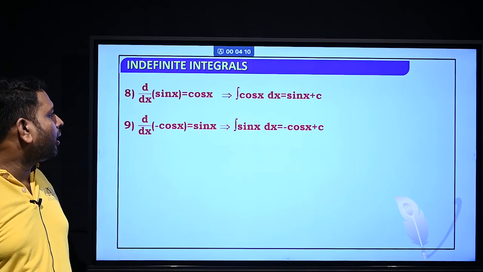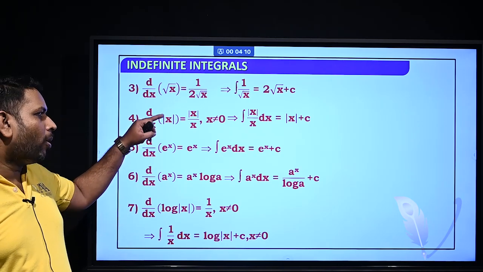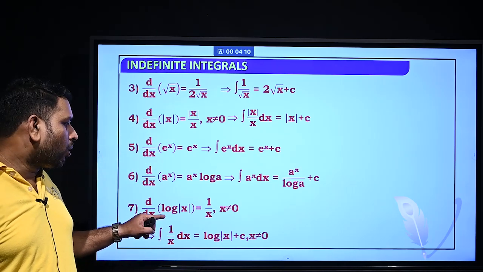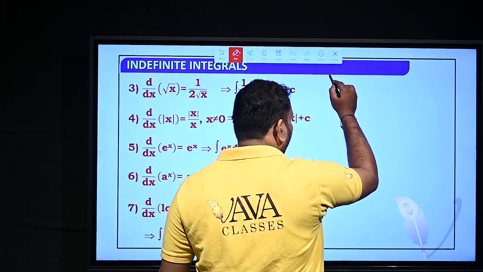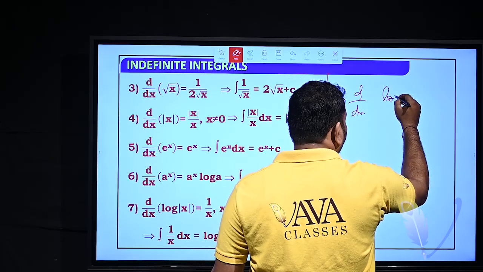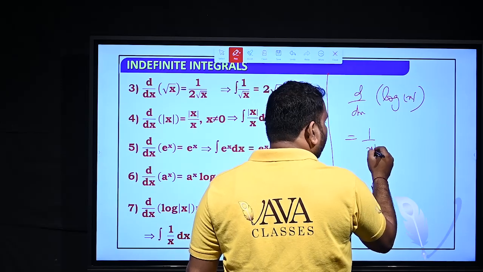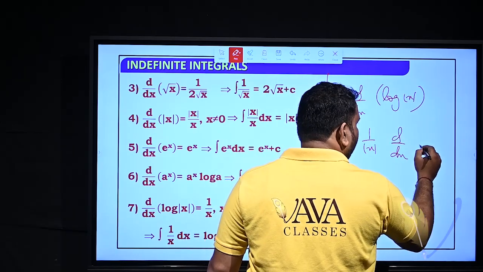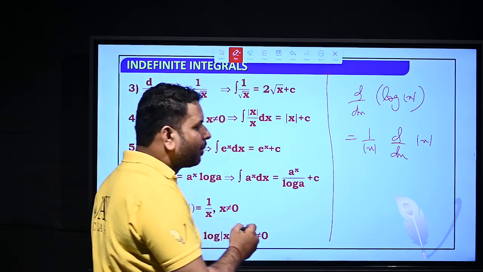Here in question number 7, we know the derivative of mod x is mod x by x. So the derivative of log mod x is 1 by mod x, and by the chain rule, times the derivative of mod x. And the derivative of mod x is mod x by x.